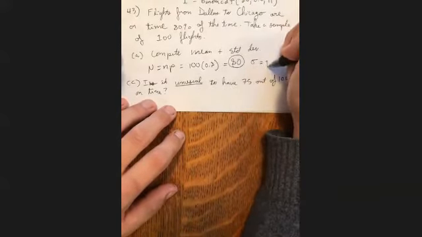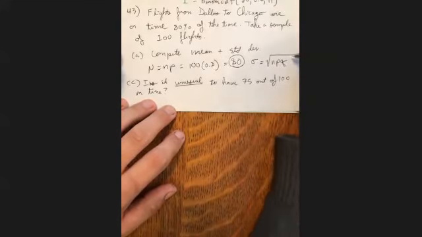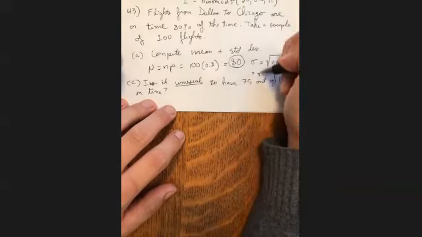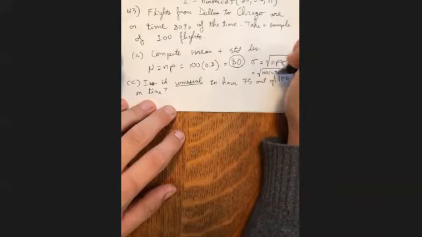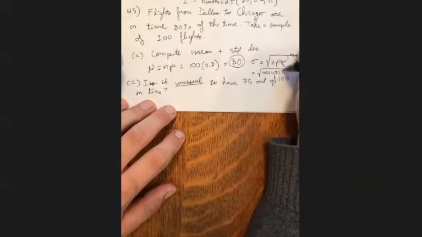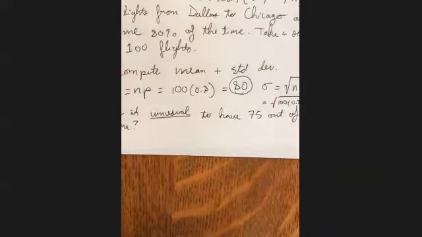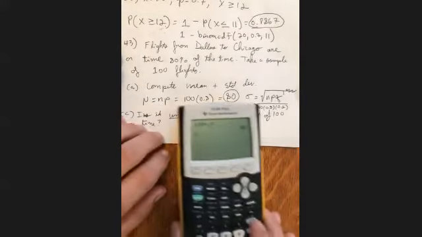Standard deviation, remember, is the square root of NPQ, where Q is 1 minus P. So that's going to be the square root of 100 times 0.8 times 0.2. All right, so that's our standard deviation.